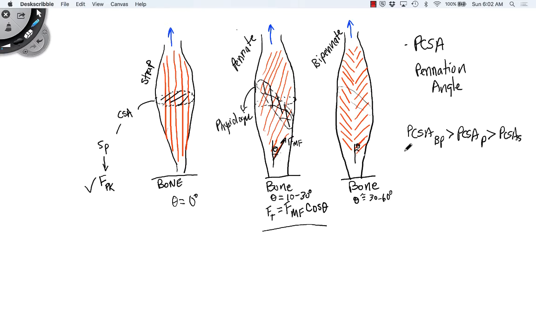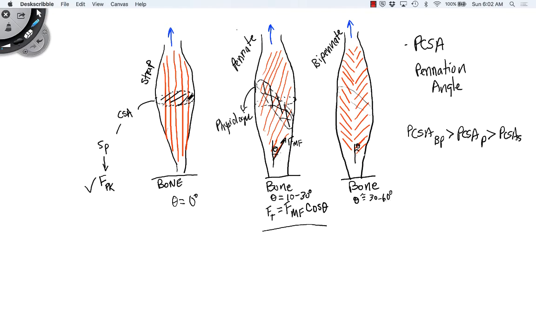All right. So what's happening is the pennation angle is occurring and there's some loss of efficiency there, but the PCSA, or the ability to put muscle fibers or sarcomeres in parallel, is outweighing the inefficiency of having a pennation angle. Okay, so what's the consequence of this, though?